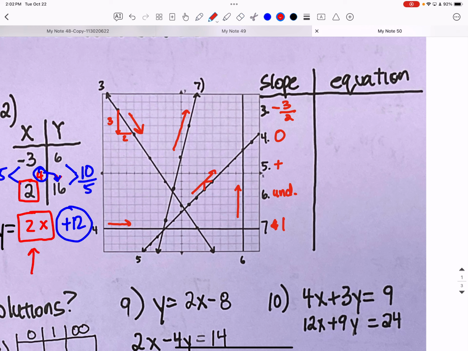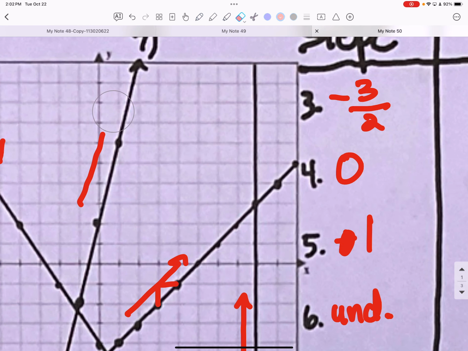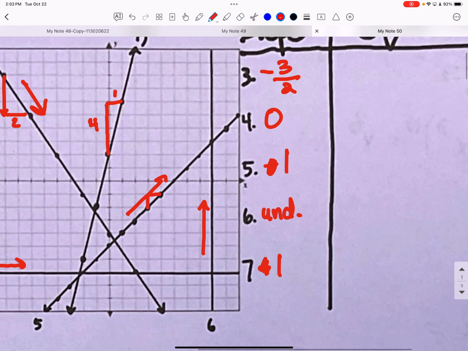And 5. Oh, that was 5. Positive 1. Okay, 7 is going up. I didn't number these very well. 1, 2, 3, 4. He's going up $4 every 1 day. If you do something every day, that's your score. So 7's score is positive 4.